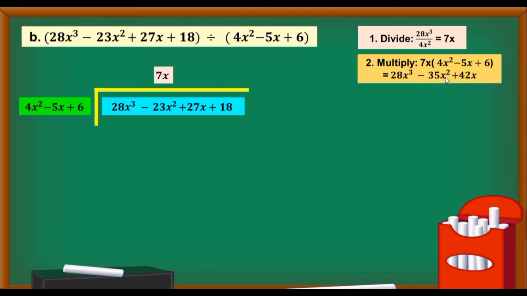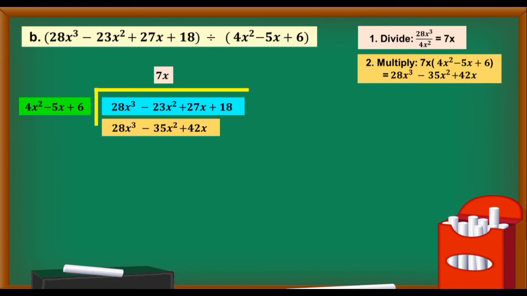Kung sa division ay isusubtract natin yung exponent, sa multiplication naman po ay i-add natin. Kaya naging x cubed. And then, 7 times negative 5 is negative 35x squared. Kasi may x raised to 1, kaya naging x squared. Then, 7 times 6 is 42x. So, we have 28x cubed minus 35x squared plus 42x.